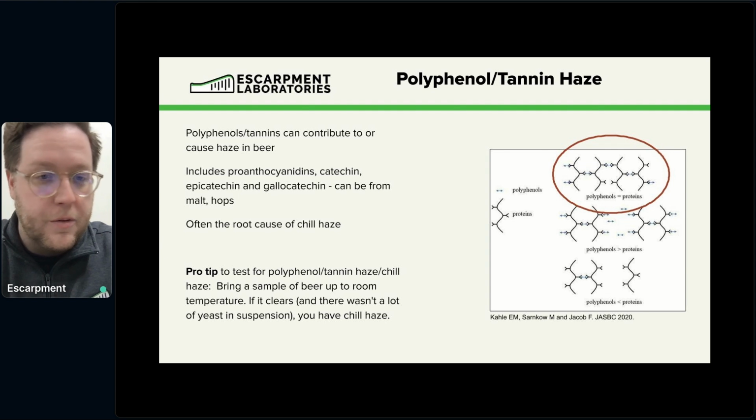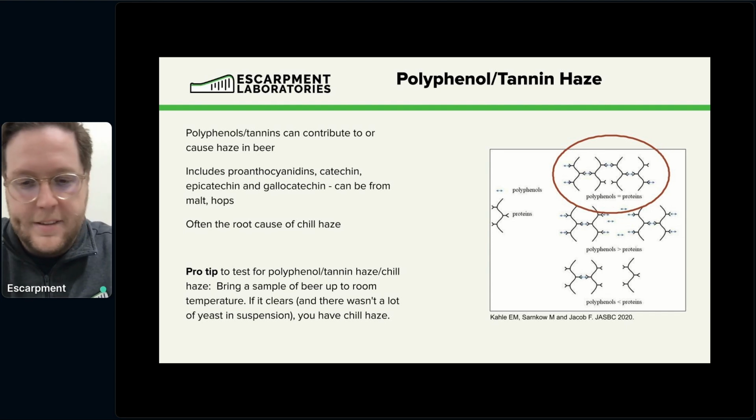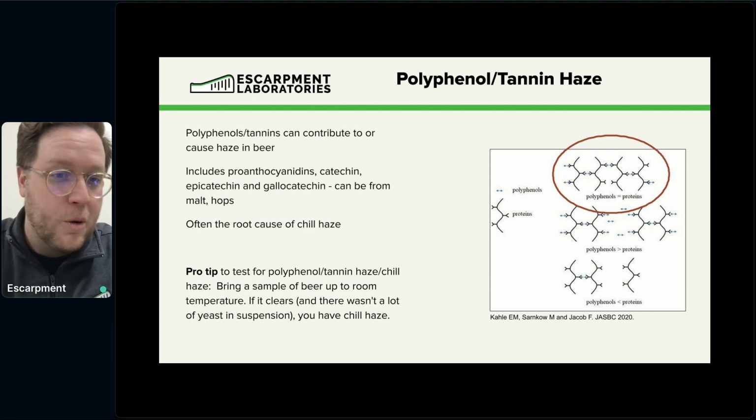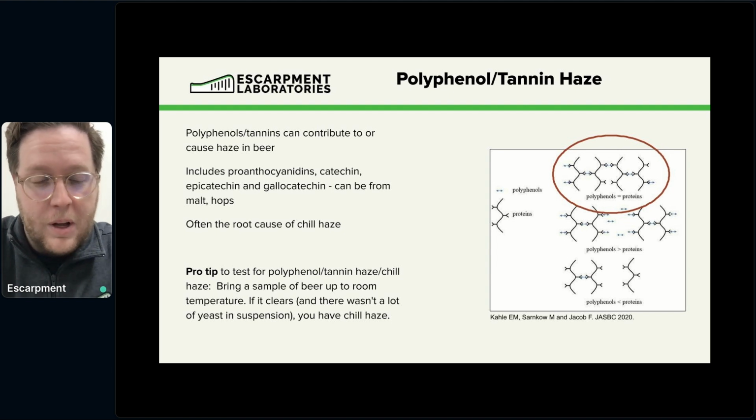It might look clear when you first make that batch of tea, but when you cool it down, it turns super hazy. That's tannin haze. Most black teas will actually make haze. So if you make a batch of iced tea and you're hoping for it to be crystal clear, you actually have to use a certain type of tea to accomplish that. That's a really good example of chill haze as well.